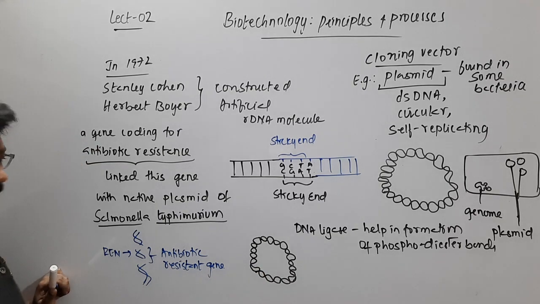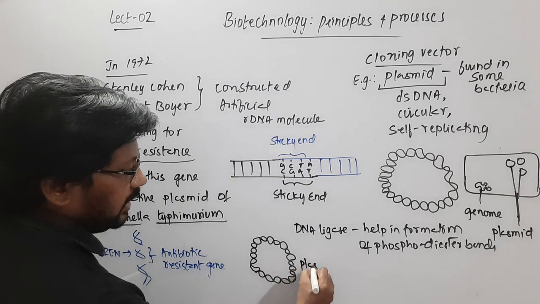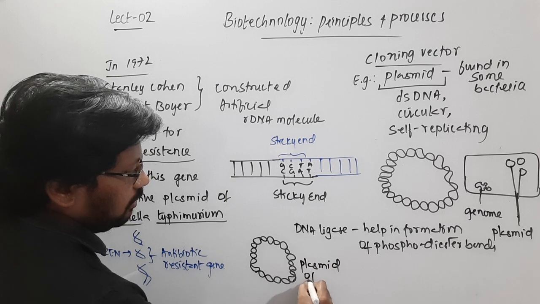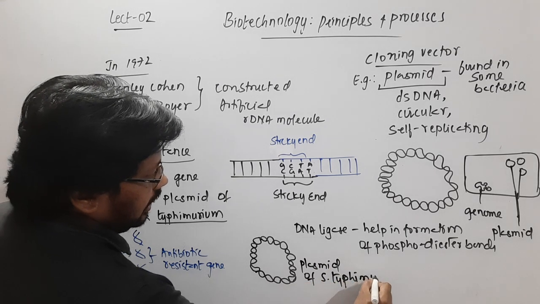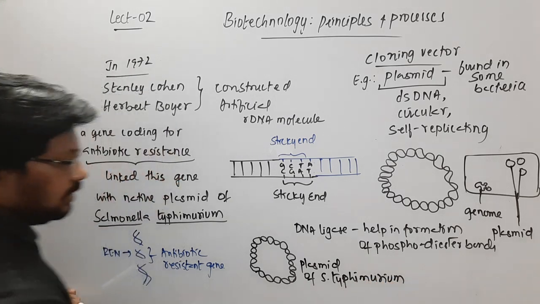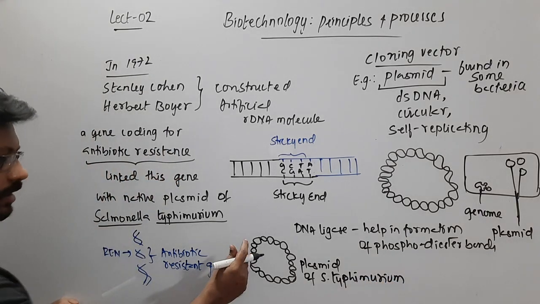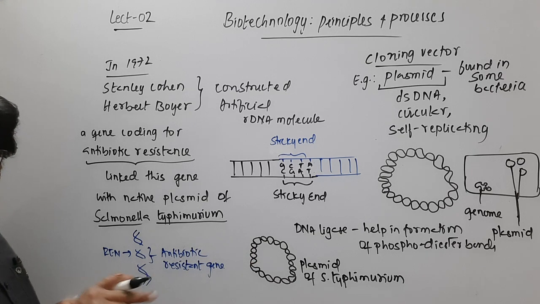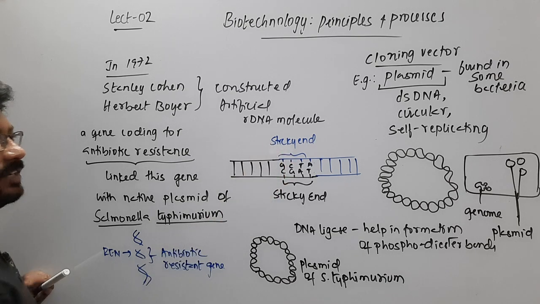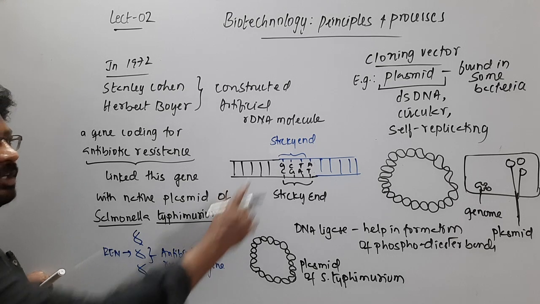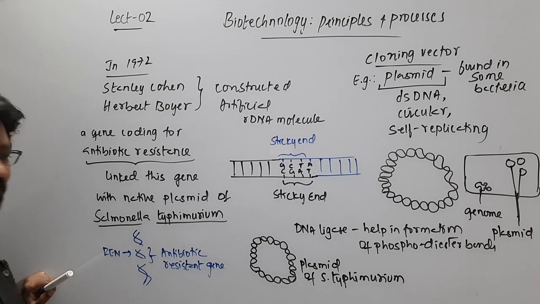Okay, so this is the plasmid of Salmonella typhimurium. What I have done is use the same type of restriction endonuclease. I told you we cannot use two different restriction endonucleases, because then it will produce two different sticky ends which will not be complementary, right?